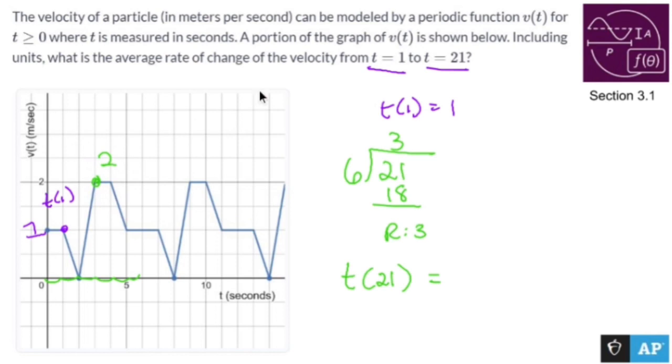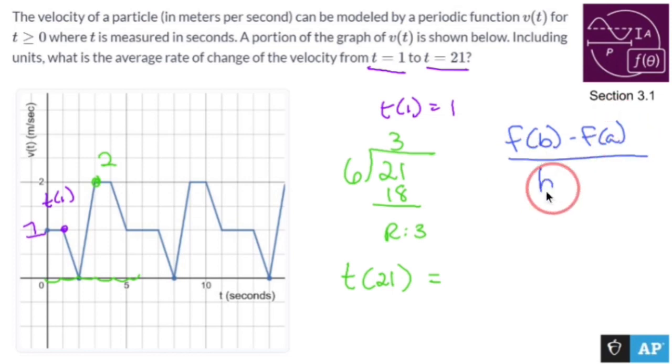Okay, so now we need to set this up. We are being asked to find the average rate of change. The average rate of change is given to us by the formula f of b minus f of a over b minus a. Well, in this case, I have v's.